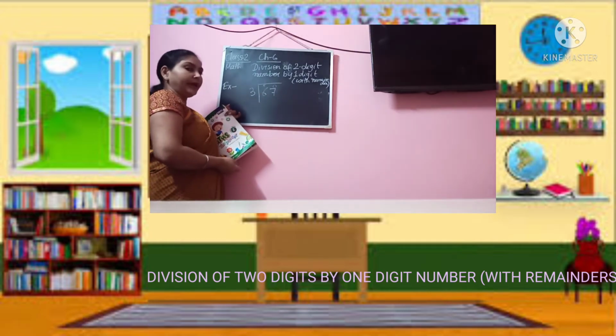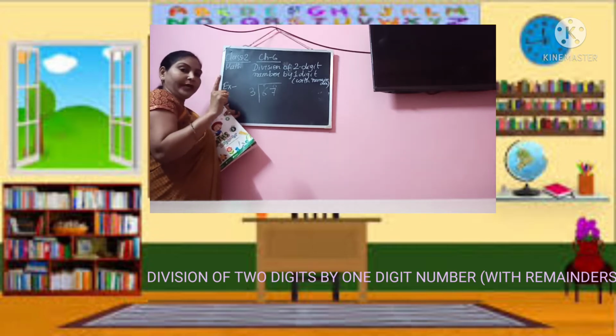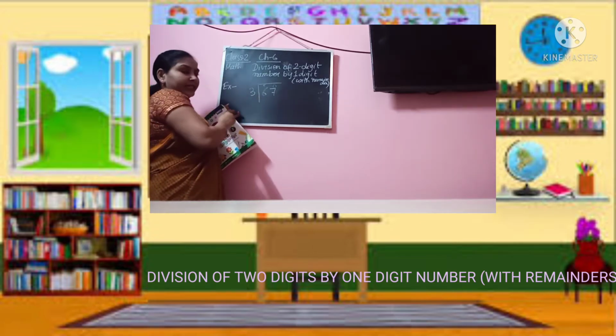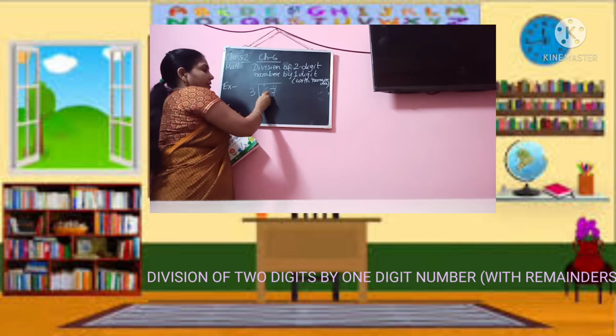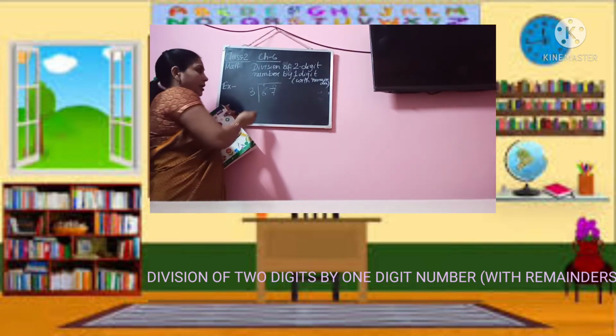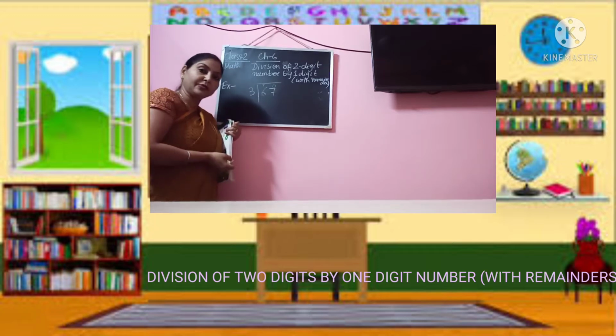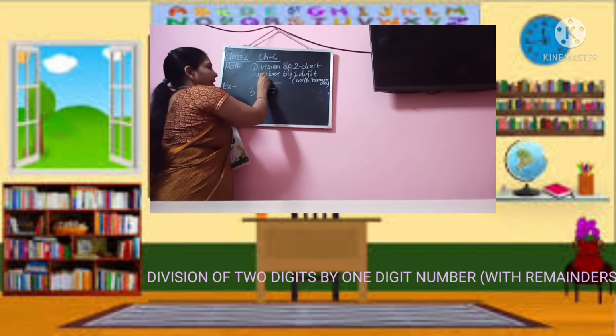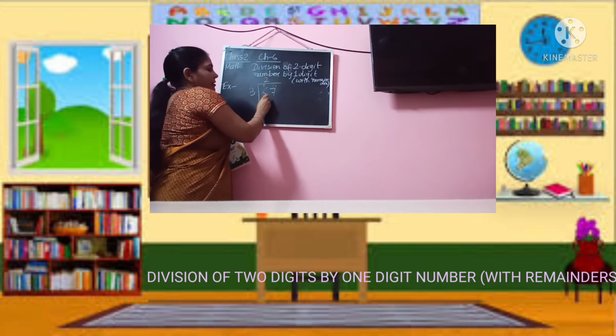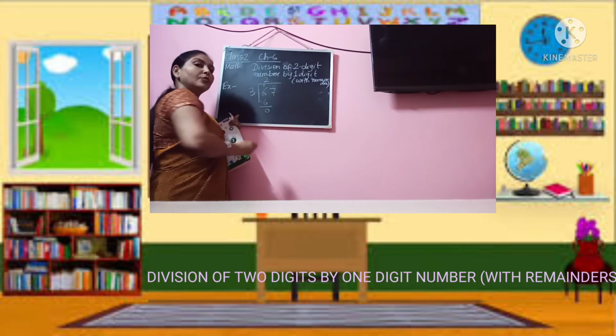We will try first 1 digit, that is from the highest place value. So you see in the tens place it is 6. In 3's table 6 comes at what time? 3 1s are 3, 3 2s are 6. So we can directly take 3 2s are 6, subtract, 0.